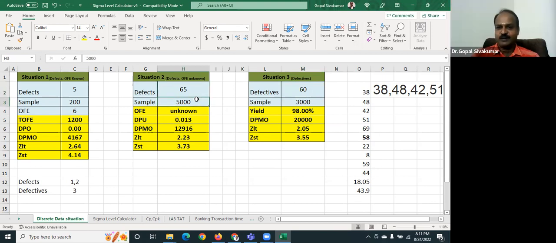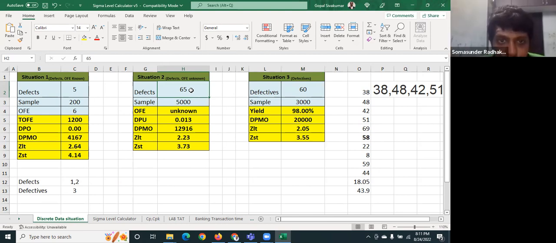Very good. You are a green belt, right? See, here 3,000 samples are inspected and 60 items are defectives, meaning the items got rejected. Here 5,000 samples, you have noticed 65 defects. I don't know how many units were rejected, but I only know there are 65 defects.